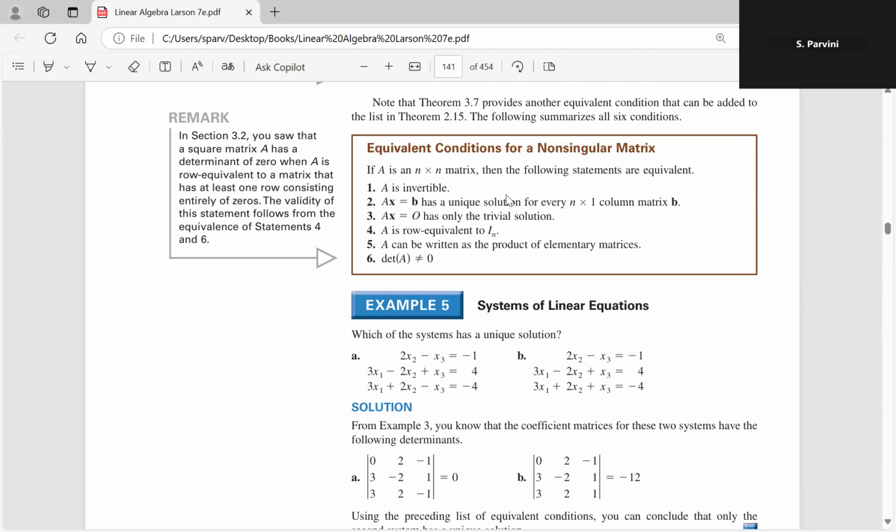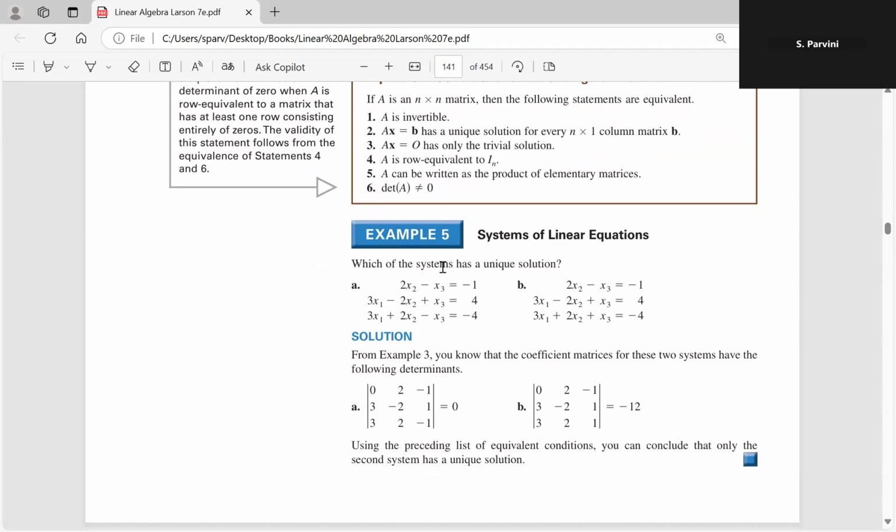So there you have that one. Now, property number 5, that's fine, but usually we don't do this part. It's a true statement, but we're not going to use elementary matrices hardly at all in the course. And now this new important thing: the determinant of A is not 0.